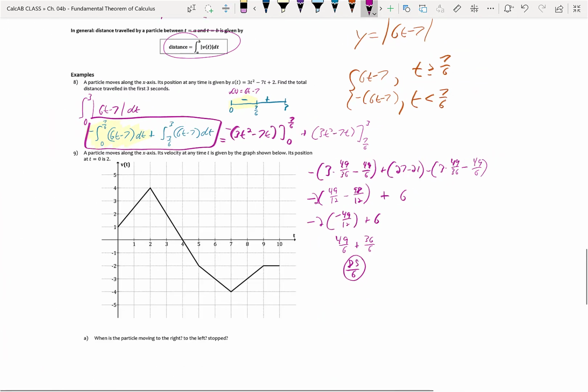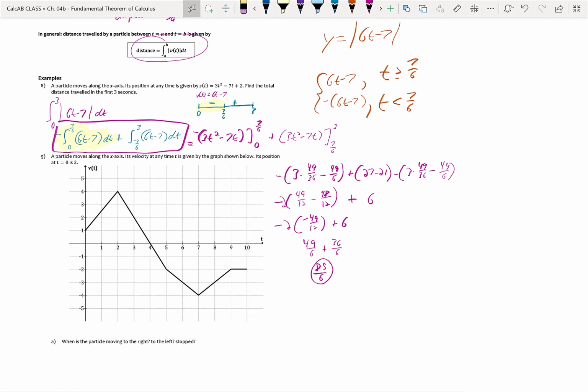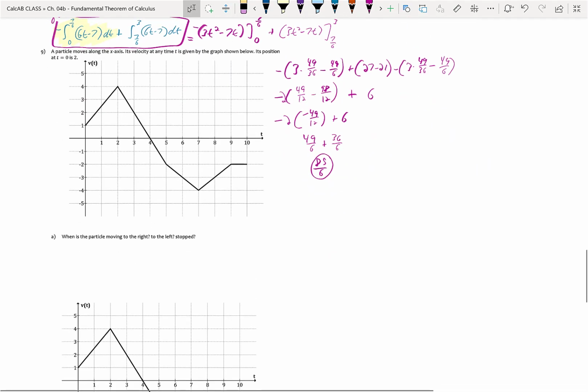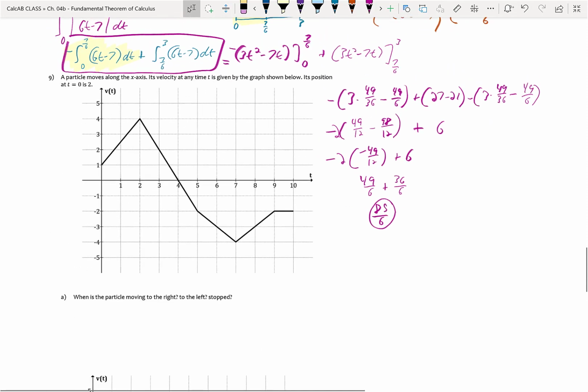Don't worry, your AP exam won't test your fraction adding capabilities. They know you have a calculator, at least for those parts. Okay, a couple more. How are we doing on time?